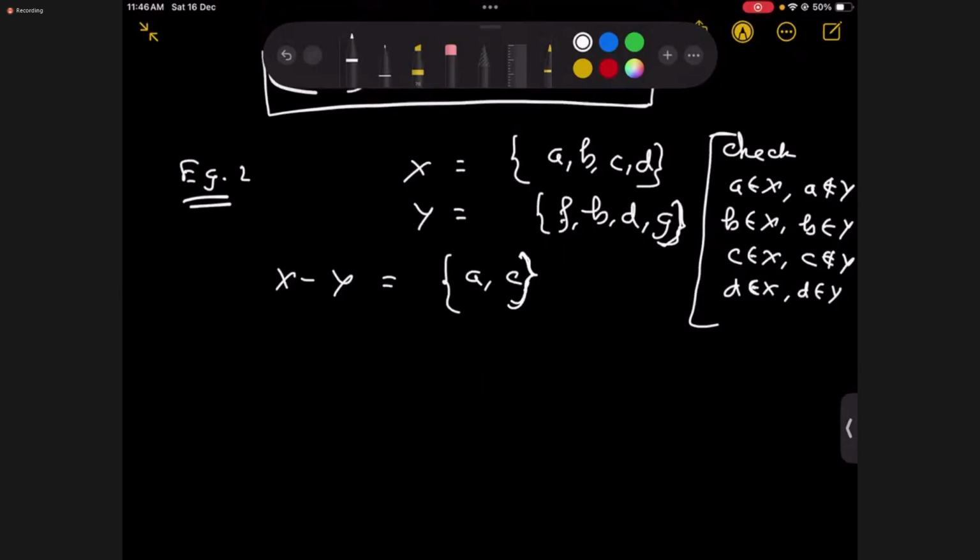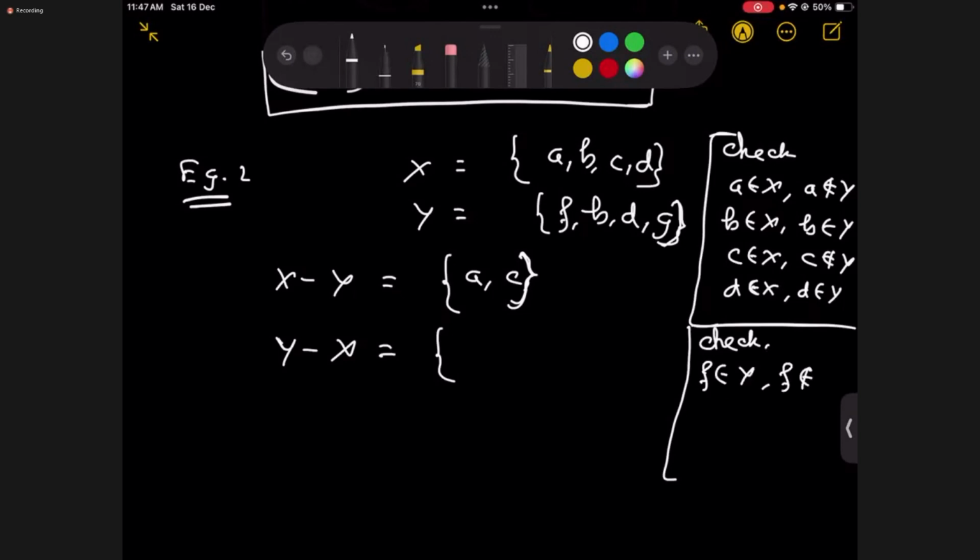Okay, what about Y minus X? Again check. F belongs to Y, F does not belong to X. So F will be there.